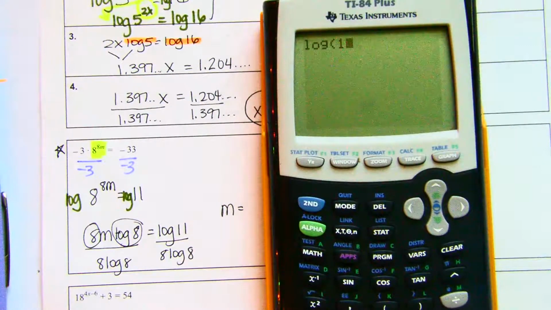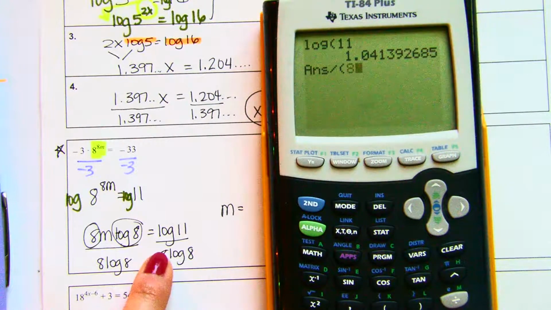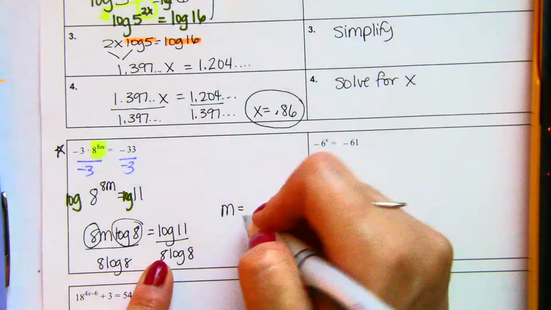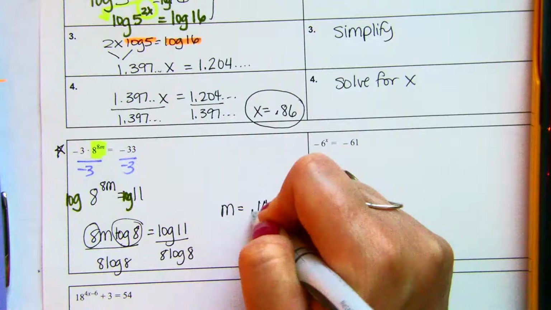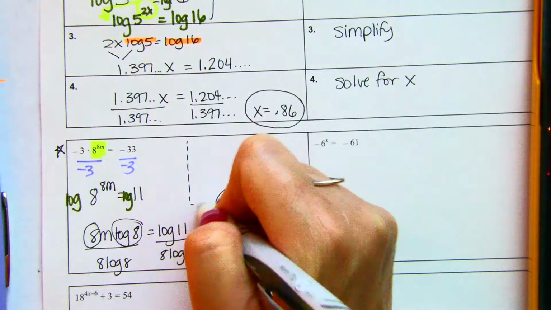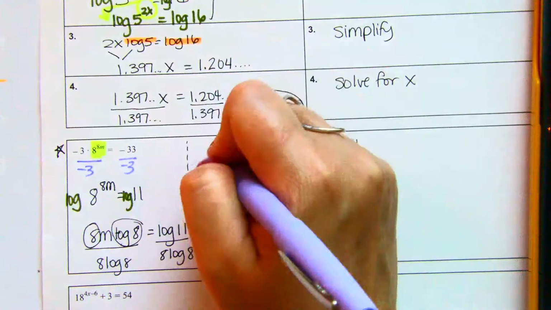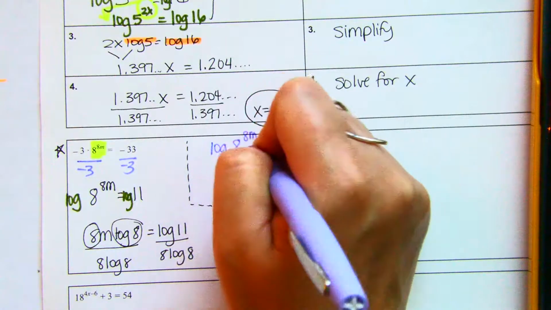So I'm going to do log 11 equals divided by 8 times log 8, and that gives me 0.144. Okay. By the way, if you wanted to do the log base 8, which is what the answer key shows, let me show you that real fast.